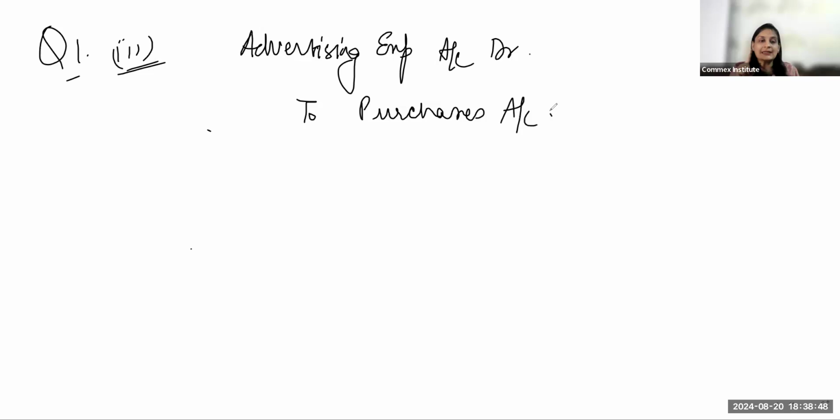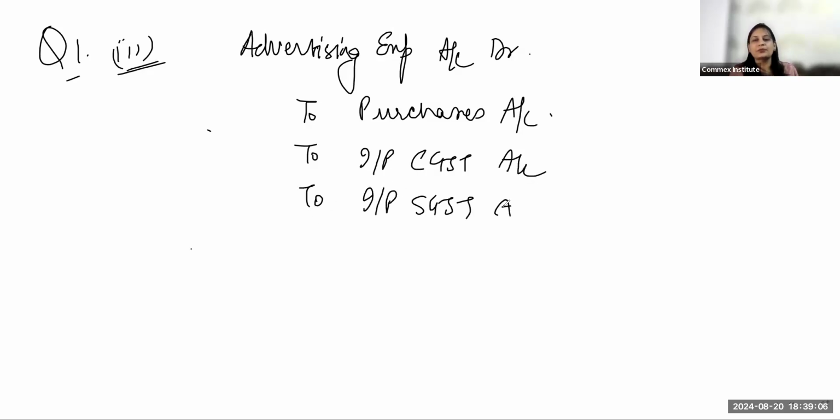Now, because GST is involved, when we debited purchases, we debited input GST also. When we are crediting purchases, we are going to credit the input GST also. So to input CGST account and to input SGST account. So 3 would be debited together, 3 would be credited together.